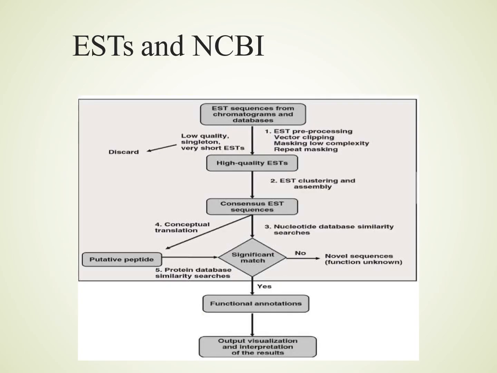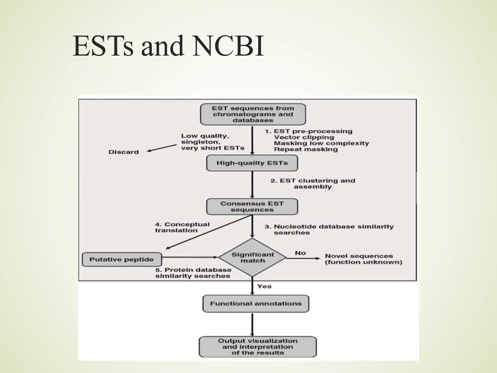Now, how is the annotation of gene sequences carried out using this EST sequence data? You have EST sequences either from the chromatogram, that is from the DNA sequencing machine, or from the databases. You check for their quality. If it is a high quality sequence, then you use those ESTs for identification of the consensus EST sequence.